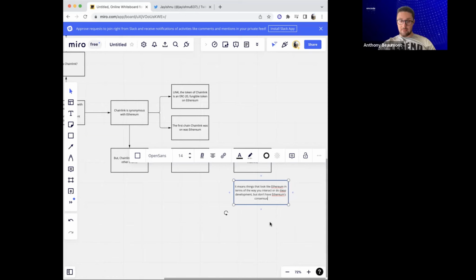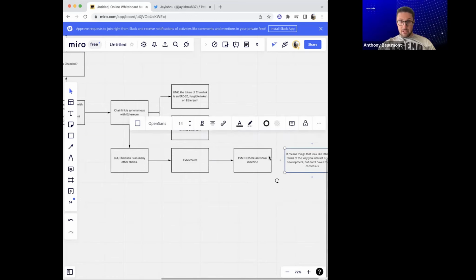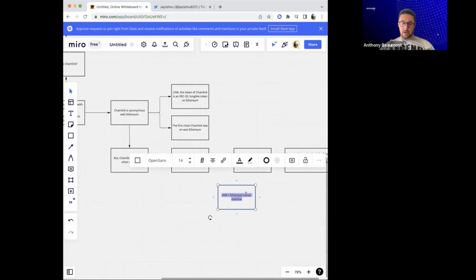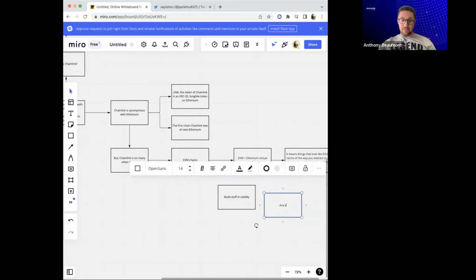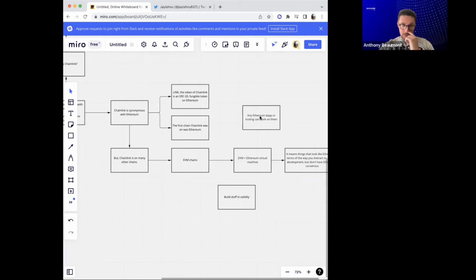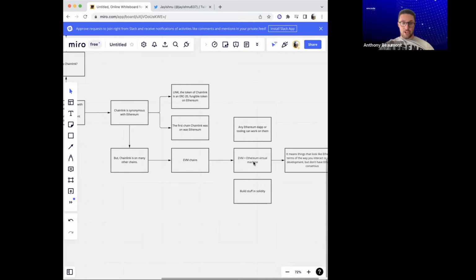This is pretty much what an EVM is. And more importantly, I think we should add, these are chains for which you build stuff in Solidity, and also for which any Ethereum dApp or tooling can work on them. So two important things to add. So it becomes fairly obvious in this context that Chainlink works on all EVM chains pretty much.